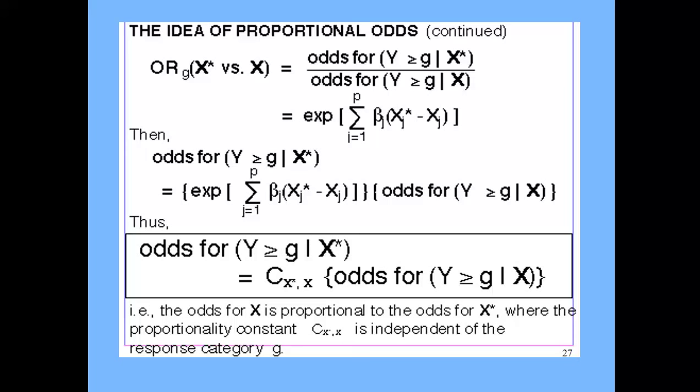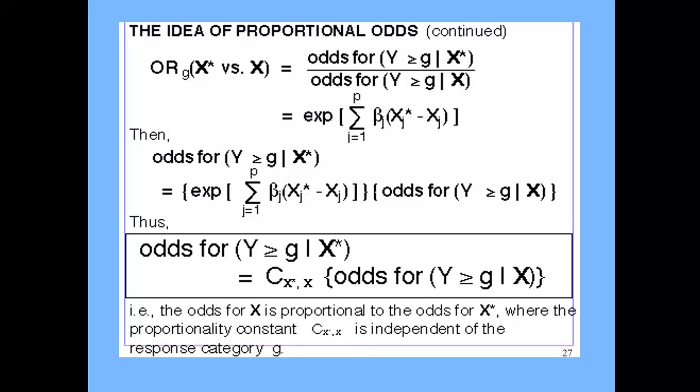So if you think about what this means, this means that the odds for any one individual can be obtained from the odds for any other individual by multiplying it by some number. And that number doesn't depend upon g. So these two odds are in some sense proportional because they don't depend upon what category you're talking about.